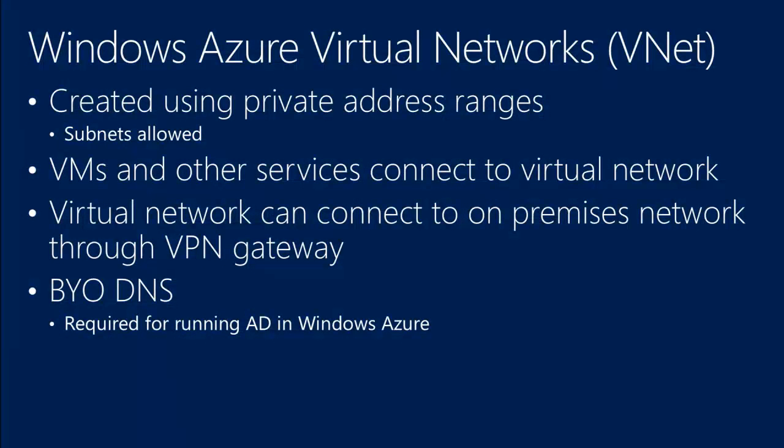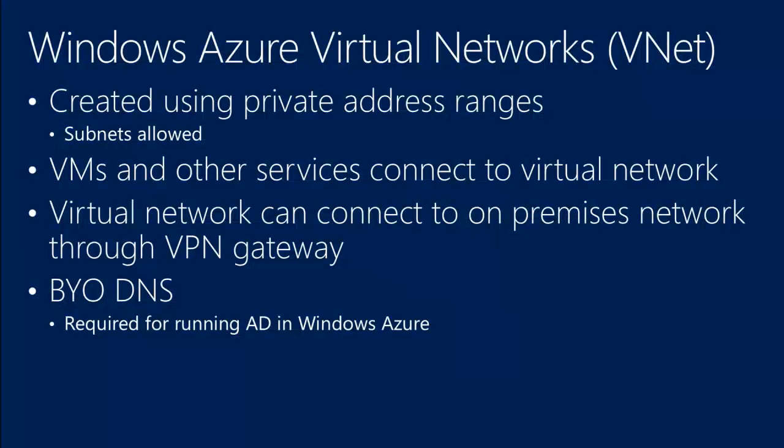So what we need to start to do this deployment is we're going to need a virtual network. And this is referred to as the Windows Azure Virtual Network, or VNet. And it's created using private address ranges. So you choose a private address range, you create subnets on it, and the VMs and services can connect to other VMs and other services on that particular virtual network.